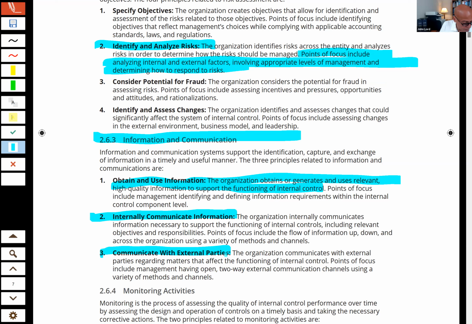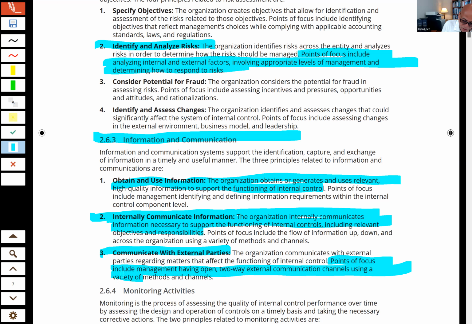So when we're talking about internal communication, it's information necessary to support the functioning of internal control, including relevant objectives and responsibilities. When we point to communicating with external parties, points of focus include management having open two-way external communication using a variety of methods and channels.